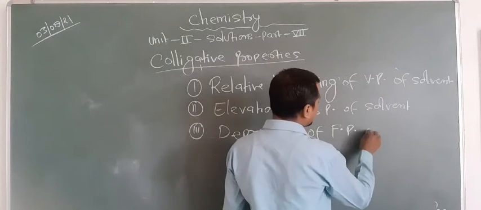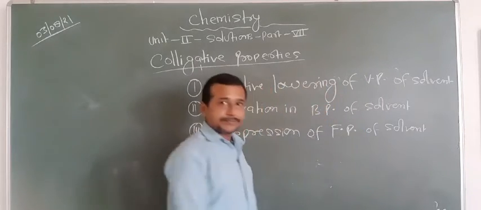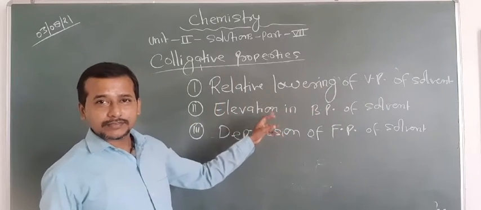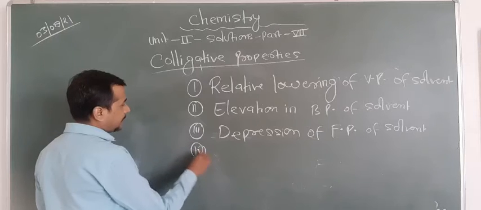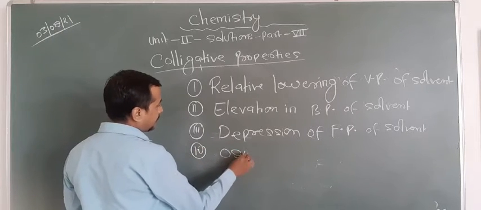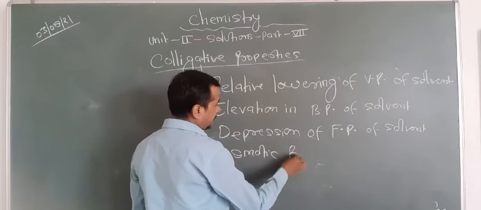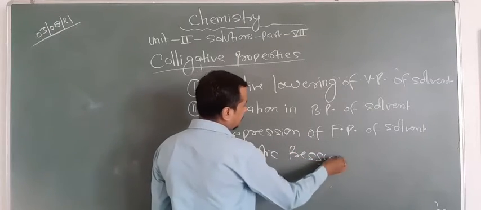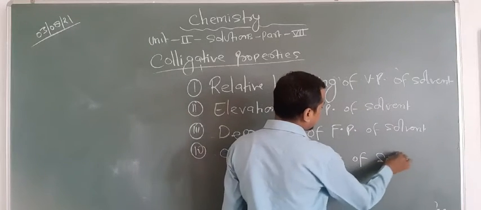So depression of freezing point of solvent again. So look here, 3 properties are related to the solvent. Now the 4th property is known as osmotic pressure. This is basically of the solution, osmotic pressure of solution.